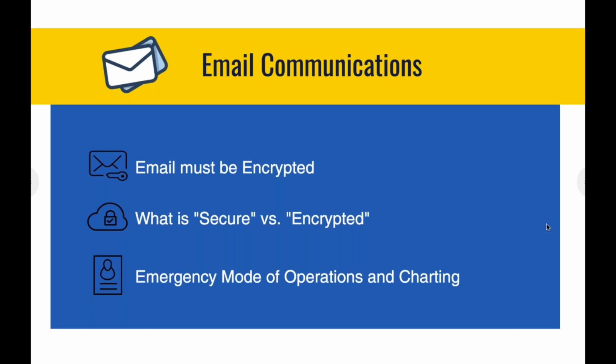Encrypted means that that message is absolutely unreadable unless you have the decryption key, unless you can unscramble that message with the pre-shared keys for encryption. Now, a lot of this happens under the hood.